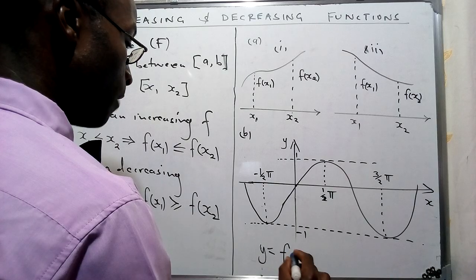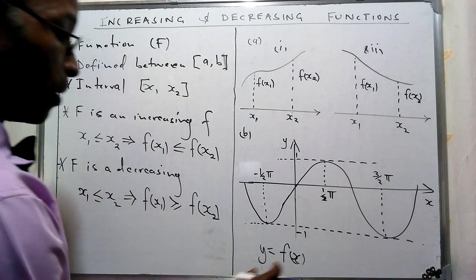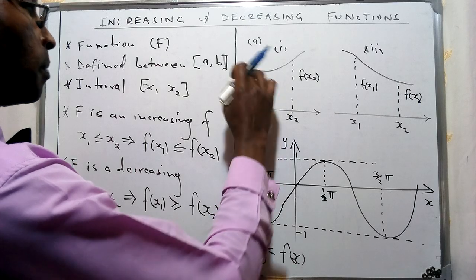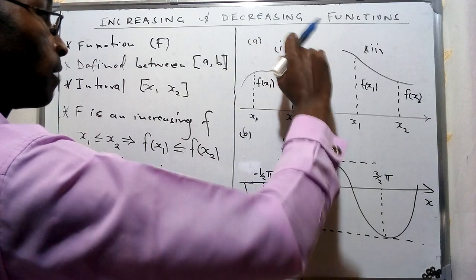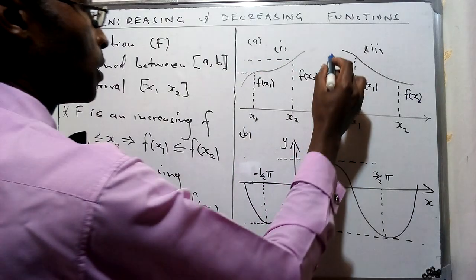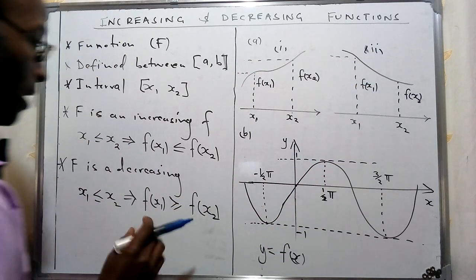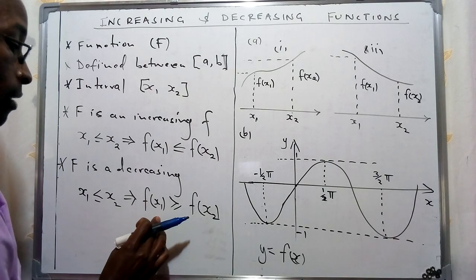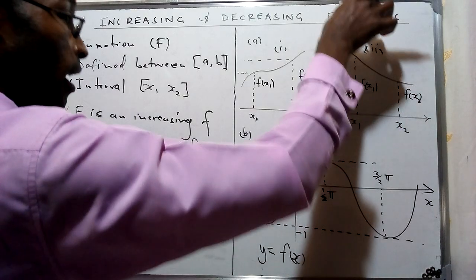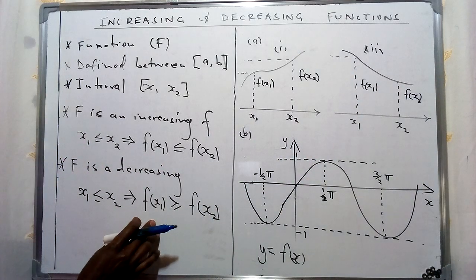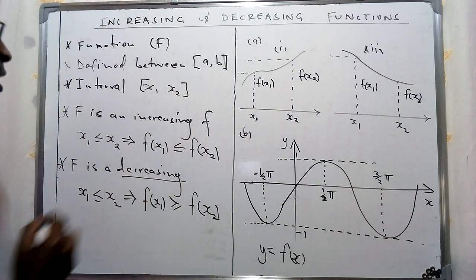In this case, if we have y represented by the function f(x), then these are the respective range of values for f(x), which are the values of y. And therefore, in the second case, the value of y for x1 is on a higher level compared to x2, and this is going to depict for us a concept of a decreasing function.